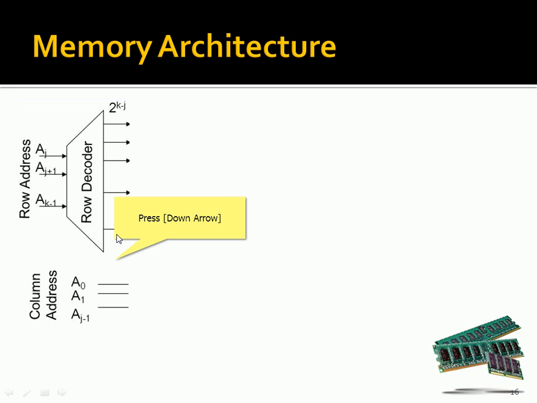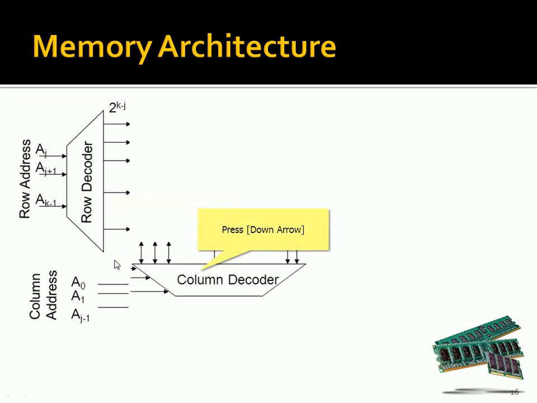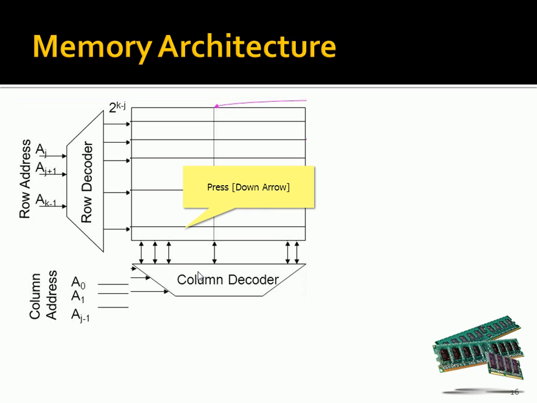The lower bits, the LSBs of the processor address, go to the column, and the higher bits, the MSBs, go to the row address. There is also a column decoder that decodes the column address, and both row and column decoded signals reach the memory.